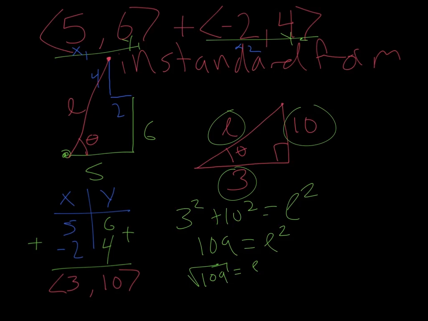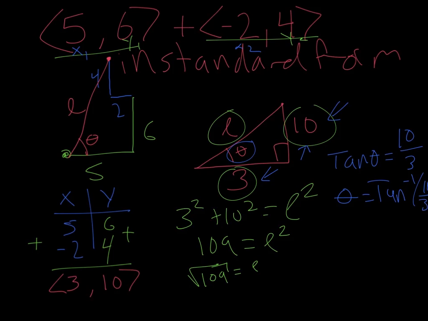Cool, that's L. All right, now let's find theta. Since we have a right triangle, we know for sure we have the opposite and adjacent sides, so we can use tangent. So tangent of theta has to equal opposite over adjacent, opposite in this case being the 10, adjacent being the 3. So this means that theta has to equal tangent inverse of 10/3.